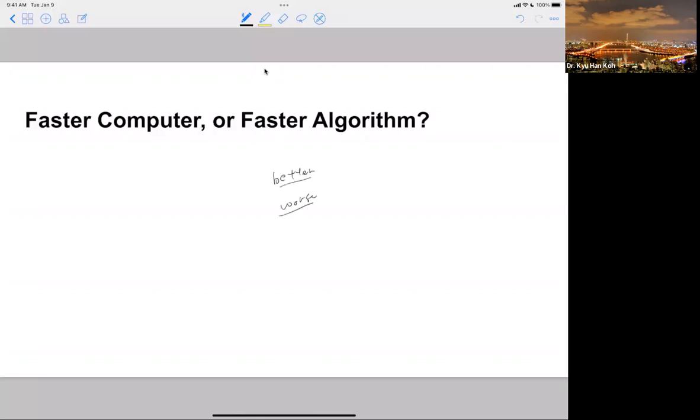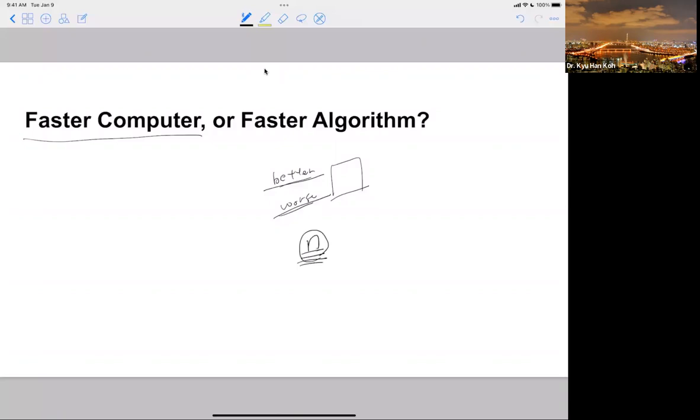It is really hard to tell the difference for this class, or for your own programs, or your programming assignments, whatever the case. And simply why? Because your problem size n is small and your computer is pretty powerful.